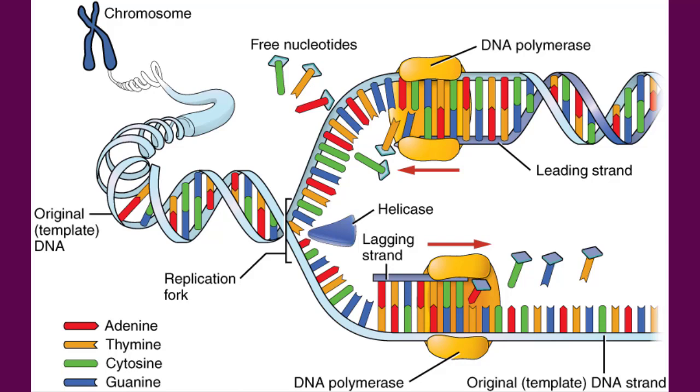Fortunately, there are mechanisms which minimize such mistakes. A DNA proofreading process enlists the help of special enzymes that scan the newly synthesized molecule for mistakes and correct them. So once the process of DNA replication is complete, the cell is ready to divide.